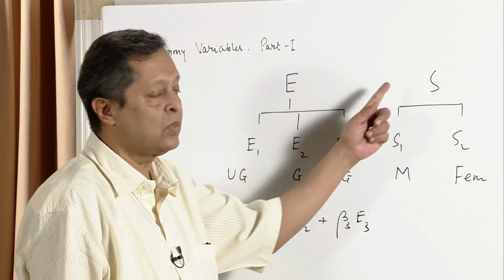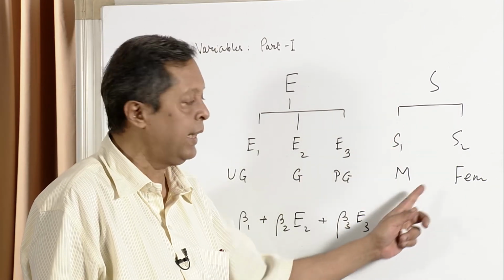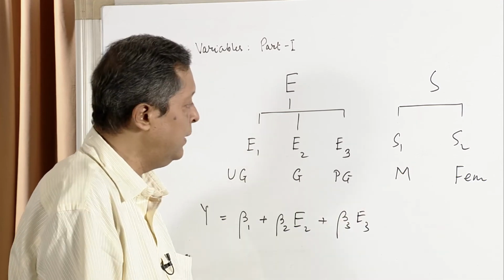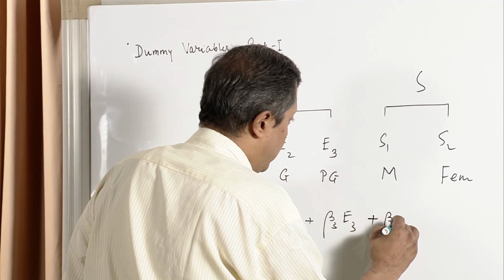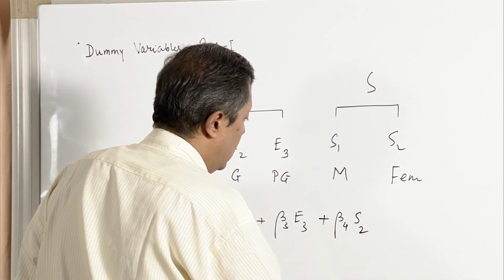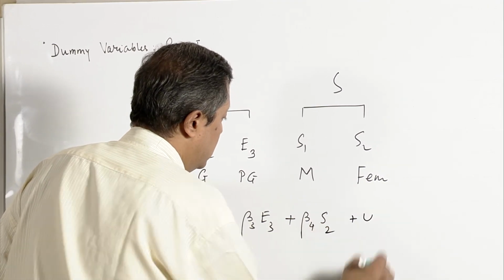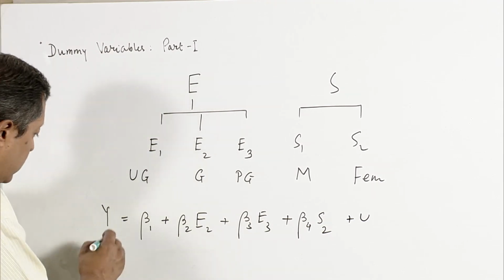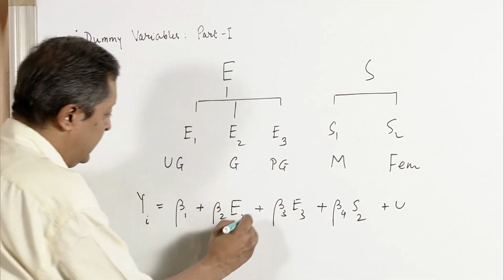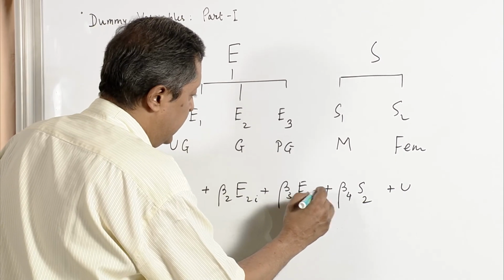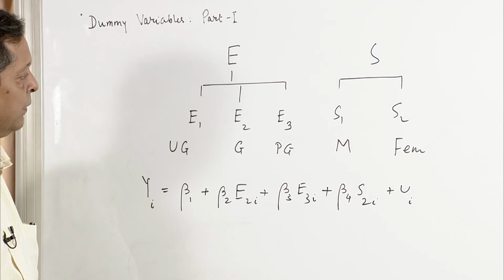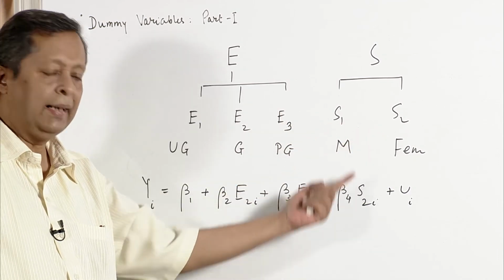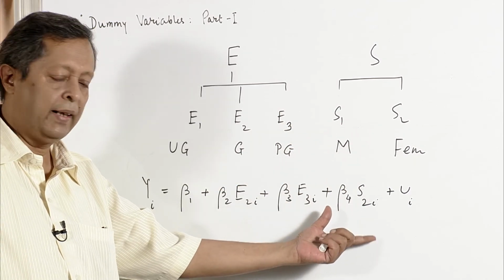Similarly, for this qualitative variable which has two categories, two possibilities, we will take only one. So, we say plus beta 4 S2 plus u. So, for the ith observation we write yi, E2i, E3i, S2i, ui, or even simpler we could have just written S because we have one S. So, we can just write S.